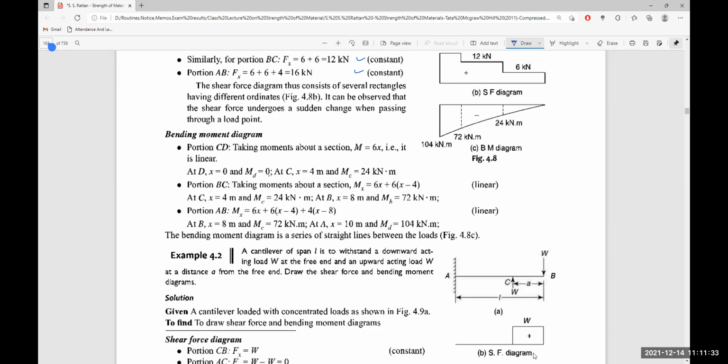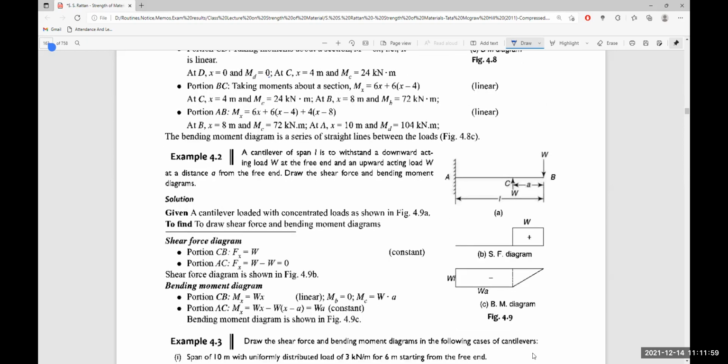We have a cantilever beam, where the left end is embedded in the wall and the right end is free and carrying a load W at the point P. Next, it carries another load pointing upward at a distance a from the free end. So we have to calculate the shear force and bending moment diagrams.